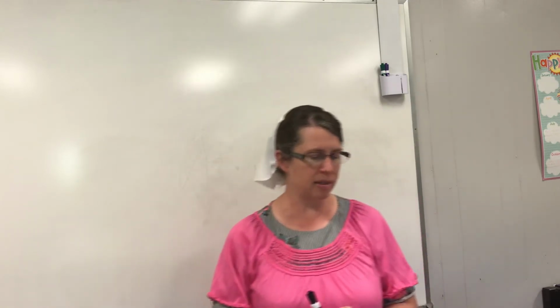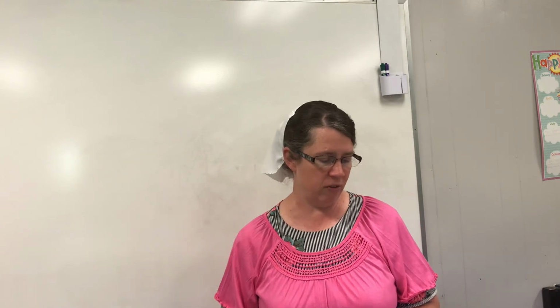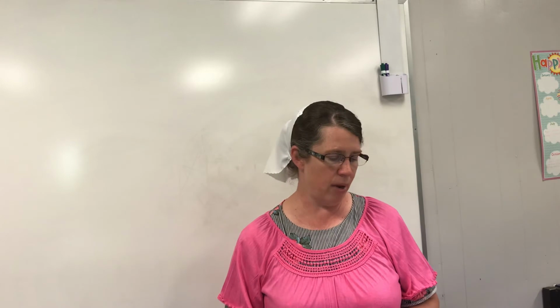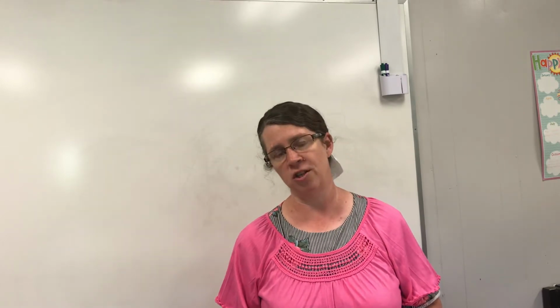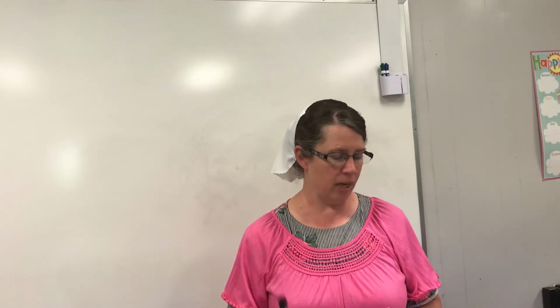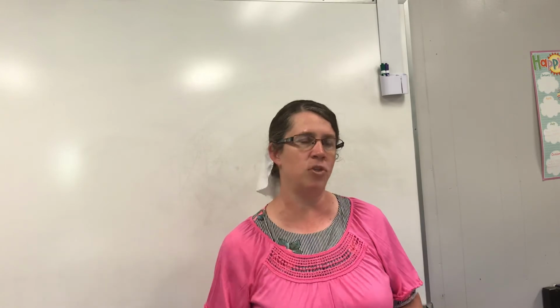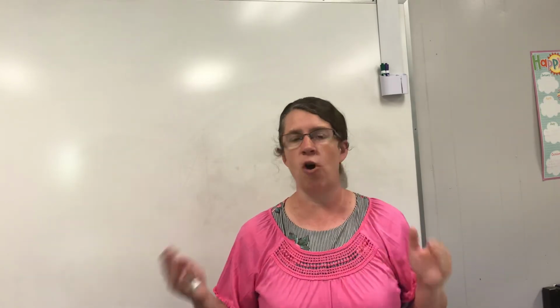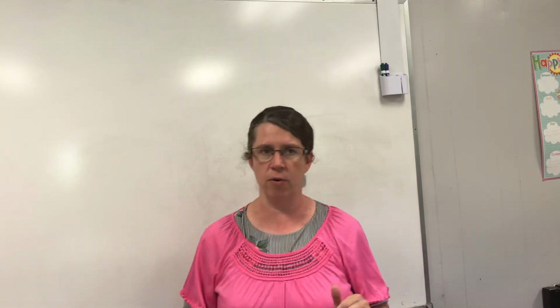The next box is the objective case. And if you notice on the right, the objective case functions as a direct object, an indirect object, or an object of a preposition. You're not ever going to find an objective case functioning as a subject. And remember what a predicate nominative is. Predicate nominative always follows a linking verb.